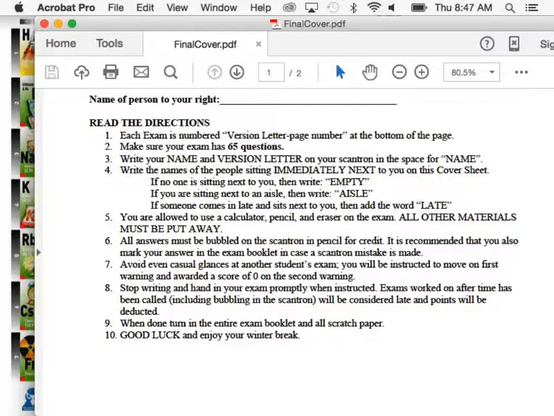Bubble in your Scantron appropriately. I don't think I've had any problems this semester, but if we real quickly looked at a Scantron, this is also something I try to look for on the final. This is what our Scantron looks like. To correctly bubble in, we'll show it in red, this would be a bubbled in answer for A. Incorrect.